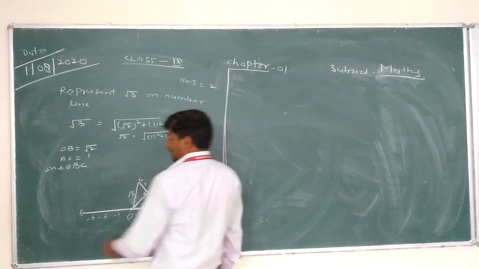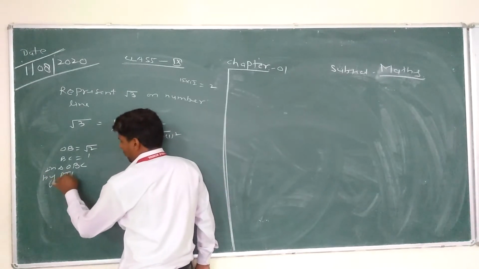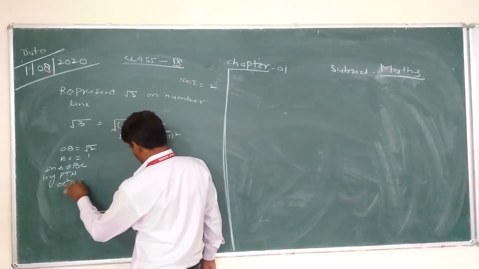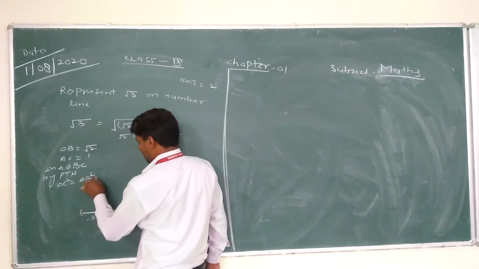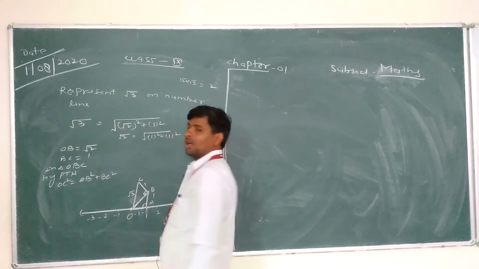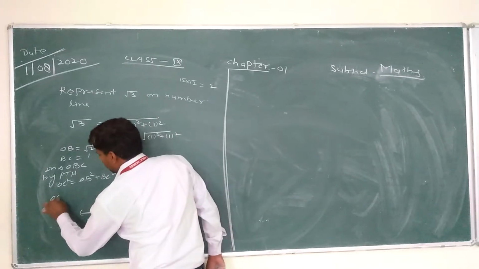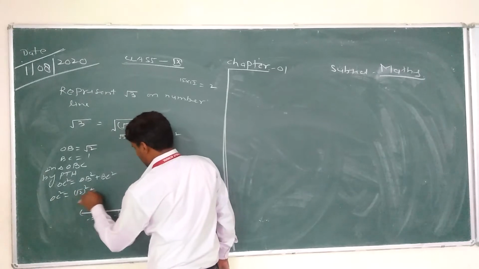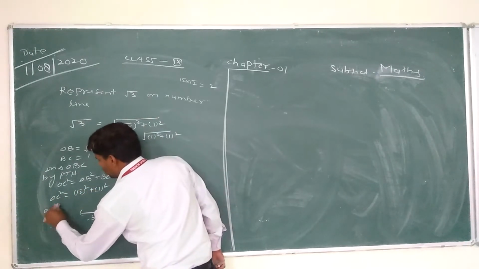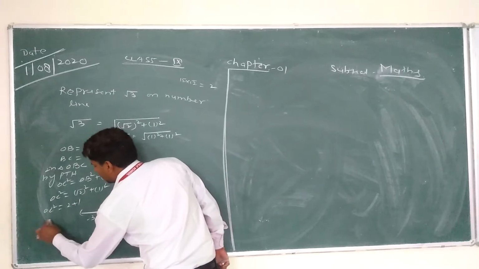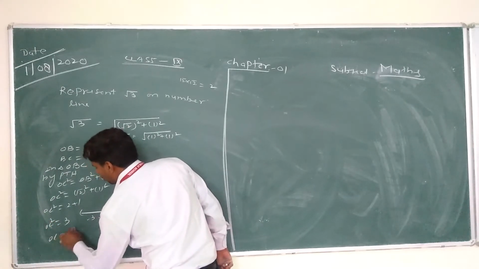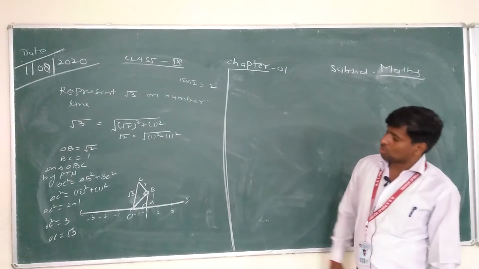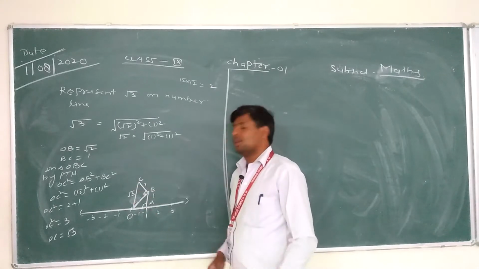In triangle OBC, by using Pythagoras theorem, we can write OC square equal to OB square plus BC square. OB is root of 2 square, BC is 1 square. So OC square is 2 plus 1, so OC square is 3, OC equals root of 3. That's clear?